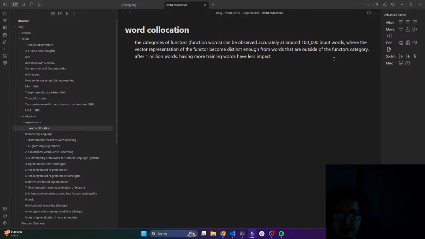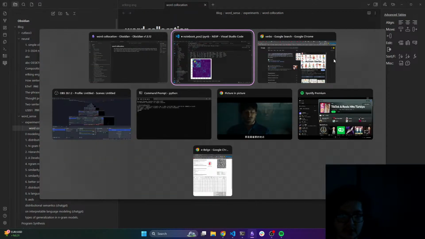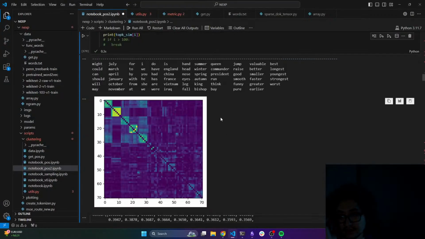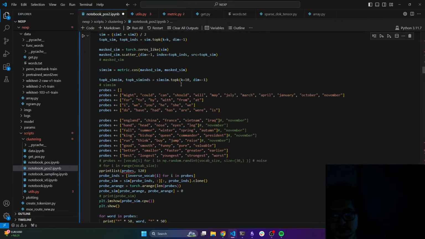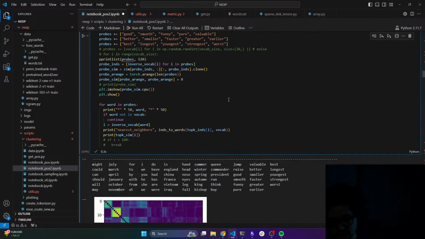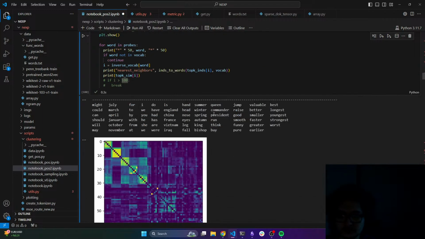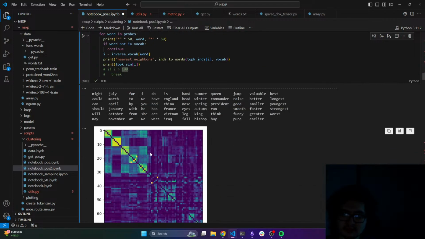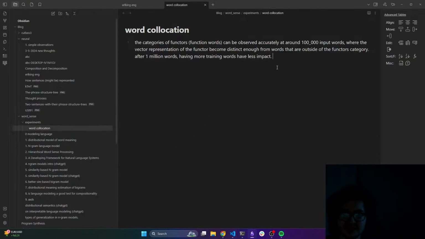So about 100k words is roughly enough to distinguish the different categories of words. Now I don't know if I should say just 100k. It's still pretty significant. Why can't I say that?